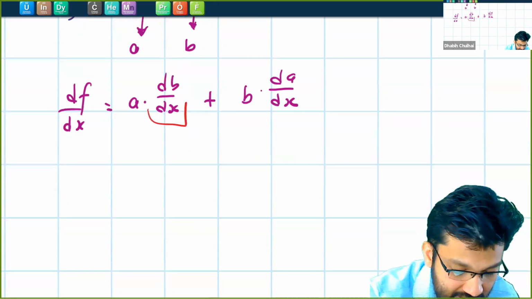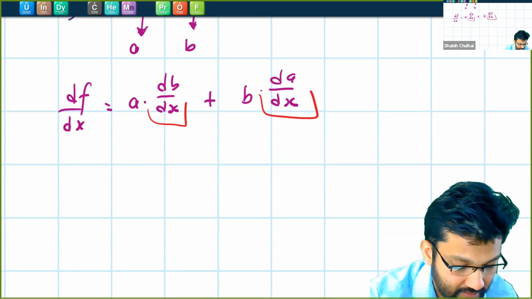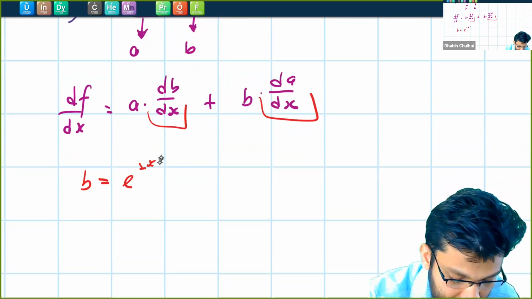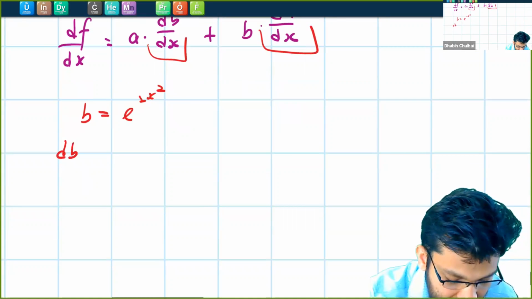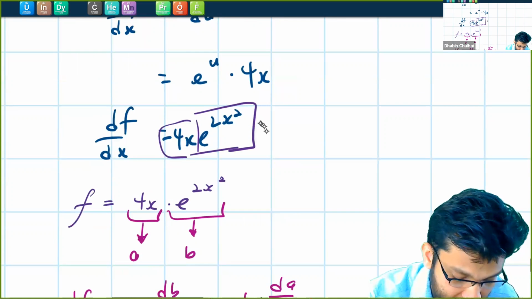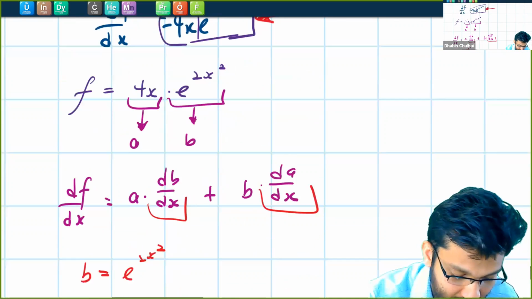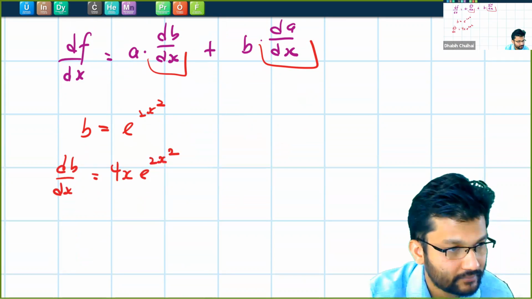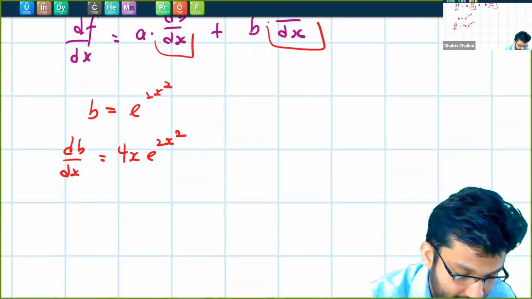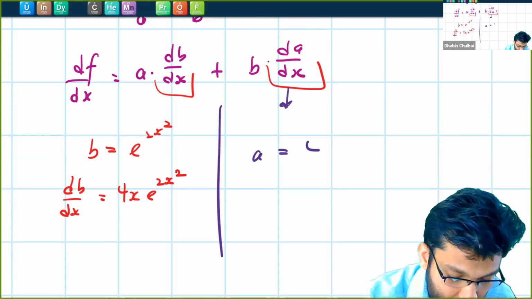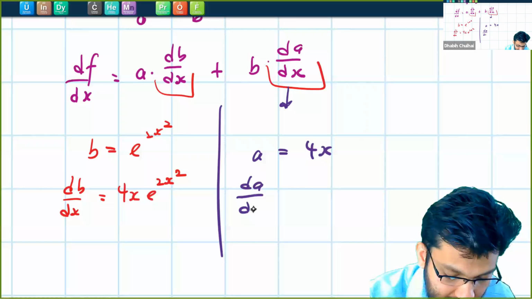So let's do each of these differentials by themselves, and then we'll put it all together. So b, we just said, was e to the 2x squared. So db/dx, we already found that out. This is db/dx. It's just 4x e to the 2x squared. All right, let's look at the other one. We said that a was 4x, so da/dx was just 4.